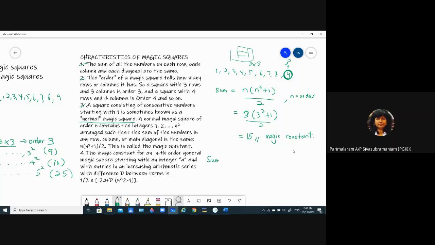The sum is equal to 1 over 2, n times (2a plus d times (n squared minus 1)). Your n represents the order, a represents the first integer, the first digit, and d here is the difference.